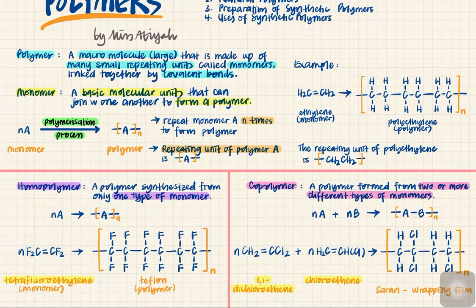Okay, so if you look here, we have 1,1-dichloroethene and chloroethene, satu je chlorine. So when you form the polymer, you can see that this is your first monomer A, which is 1,1-dichloroethene, and here you have the second monomer, chloroethene.